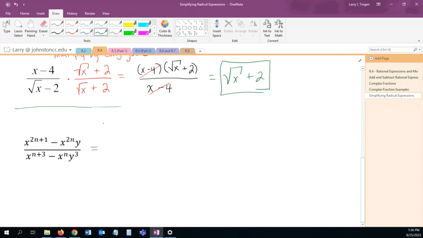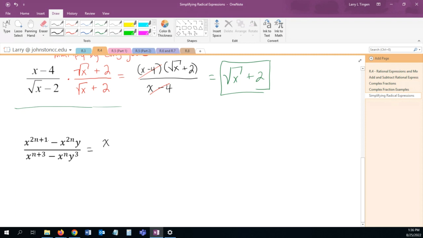Well, in the numerator, forget about the variables for a second, everyone agrees that the numerator has x in both of its terms, right? X to the 2n plus 1 is one term, x to the 2n times y is the other term. Remember, terms are separated by pluses and minuses. How many x's are up here? How many times am I multiplying by x?